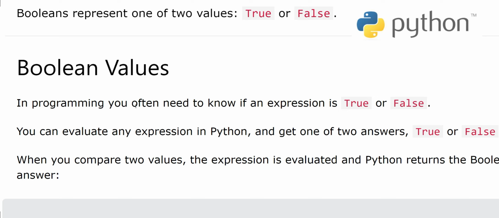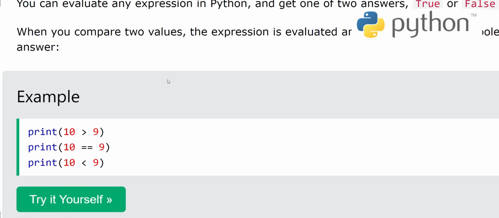So you can evaluate any expression in Python and get one of two answers, true or false. When you compare two values, the expression is evaluated and Python returns a Boolean answer, yeah.